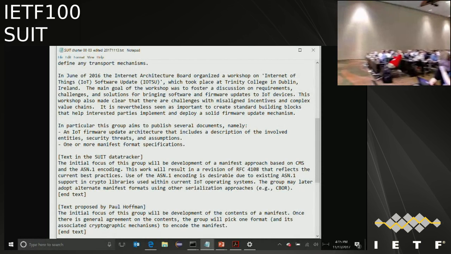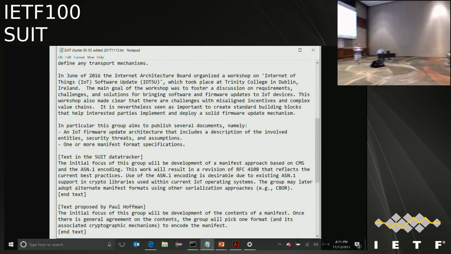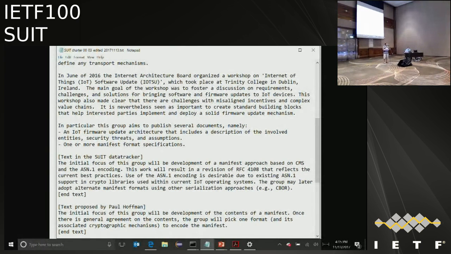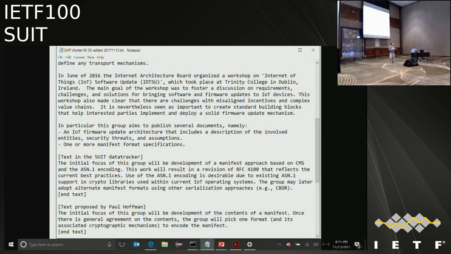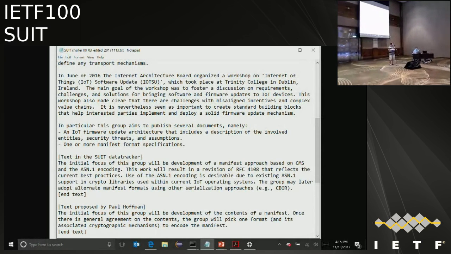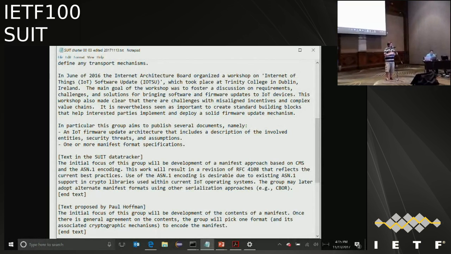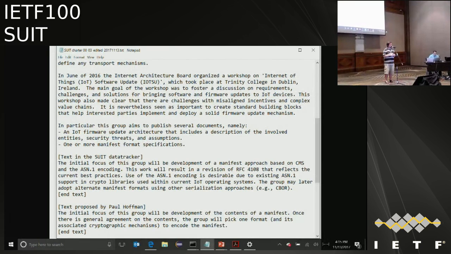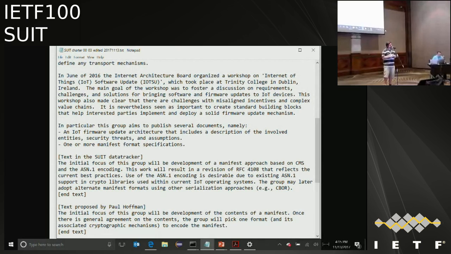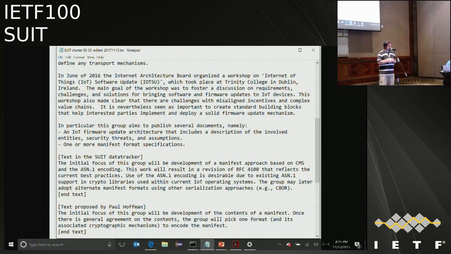I'm going to read first the text that is actually on the charter on the data tracker, and then I'd like to read some text that was proposed by Paul Hoffman. I believe the second paragraph, the text proposed by Paul Hoffman, might be a better place for us to start the conversation today.